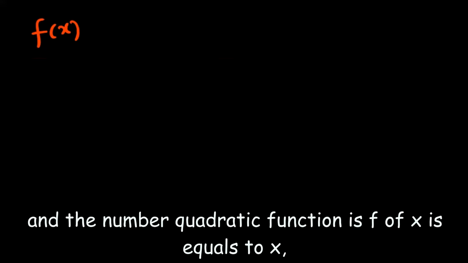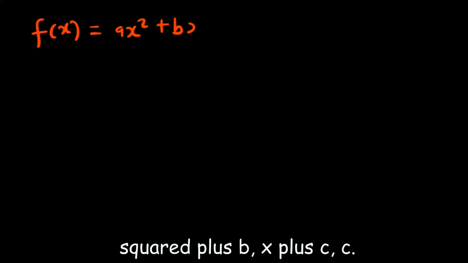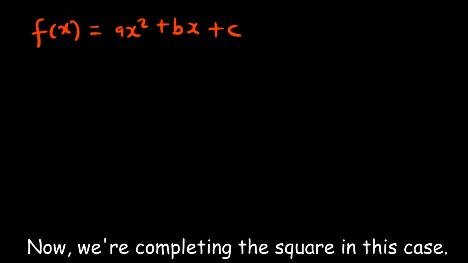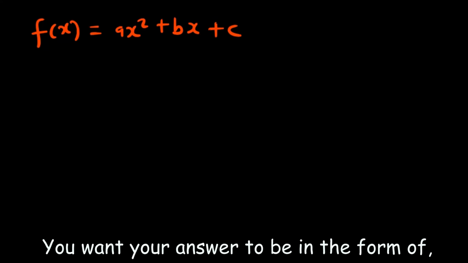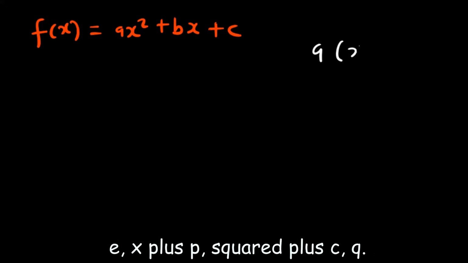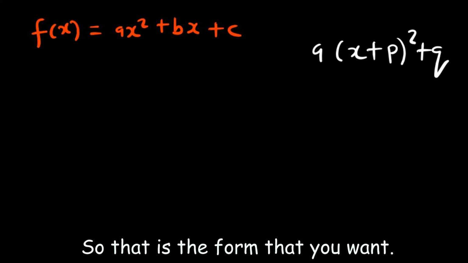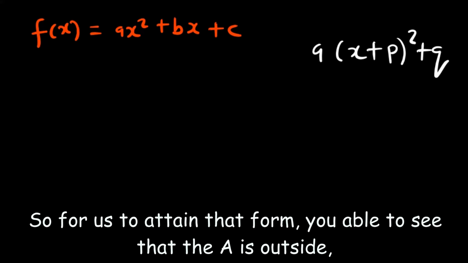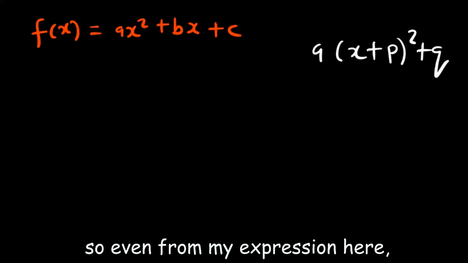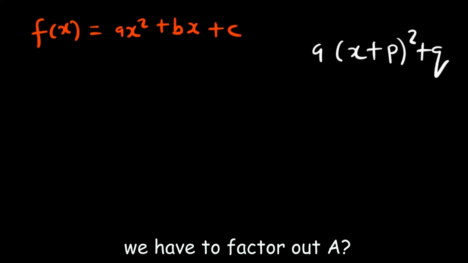how do we complete the square? So you know that a normal quadratic function is f of x equals ax squared plus bx plus c. Now when you're completing the square, in this case, you want your answer to be in the form of a(x plus p) squared plus q. So that is the form that you want. So for us to attain that form, you're able to see that the a is outside. So even from my expression here, we have to factor out a.